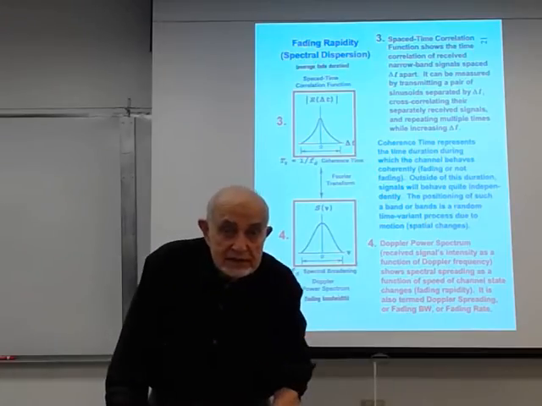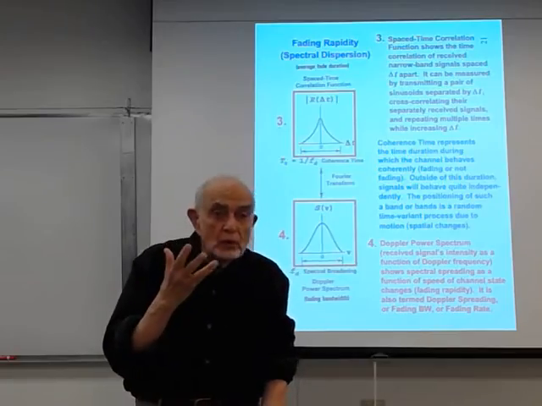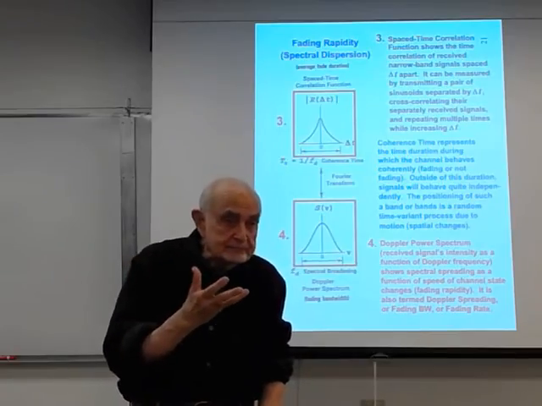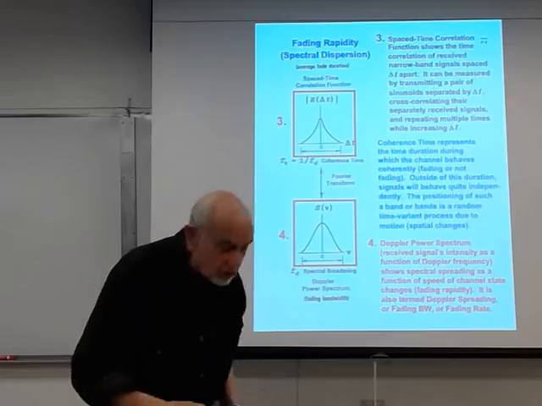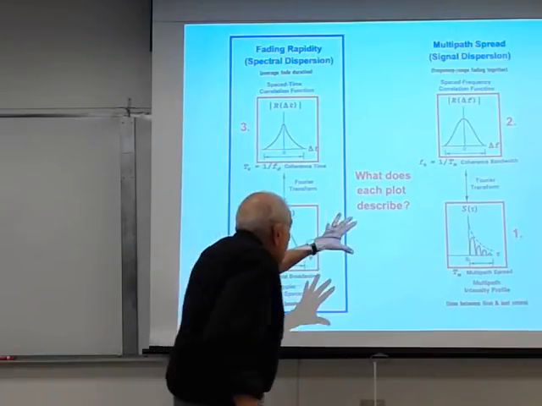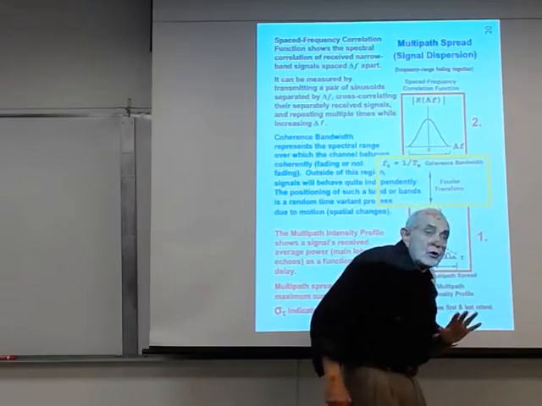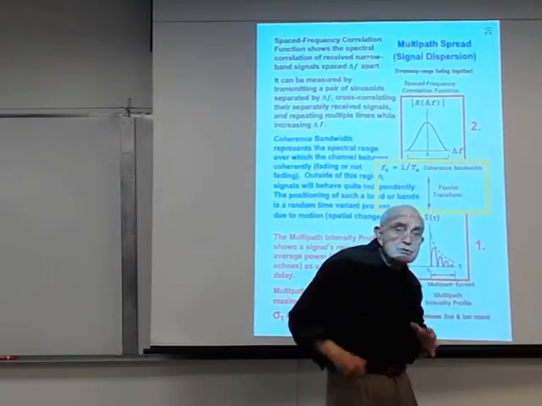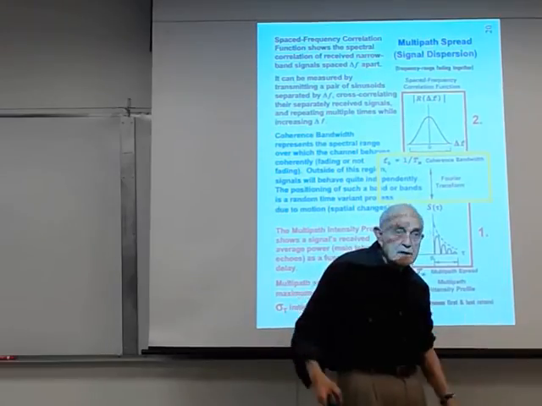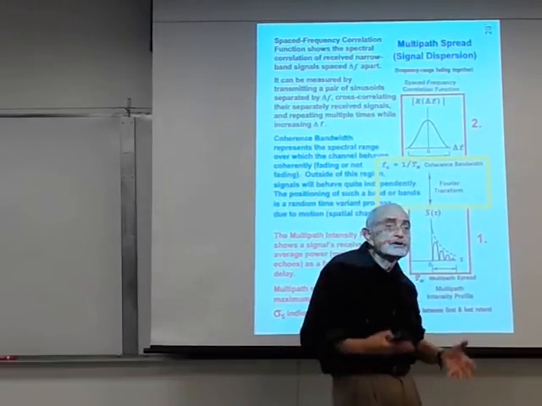Notice that when we were talking about this whole area here, all of this mechanism is due to the terrain. Are you in New York City or are you in Kansas?